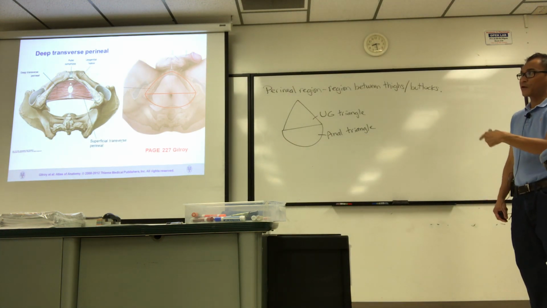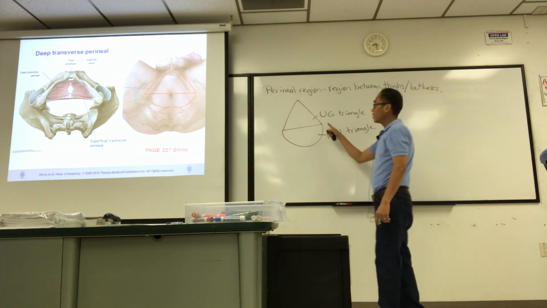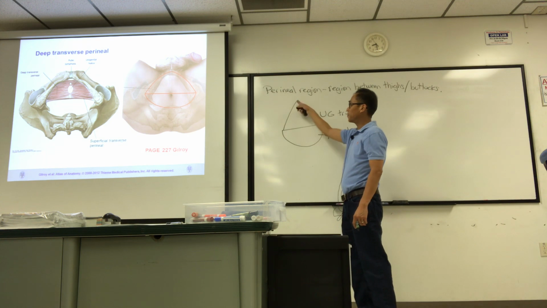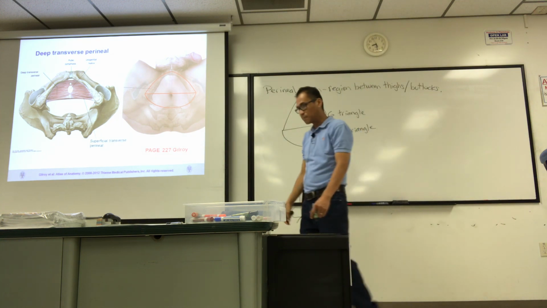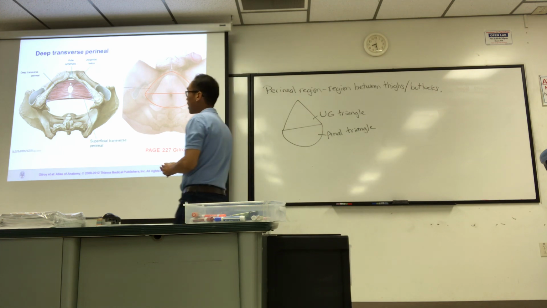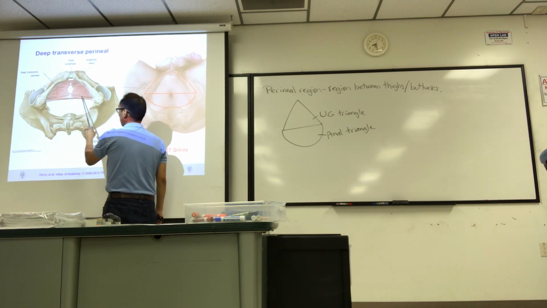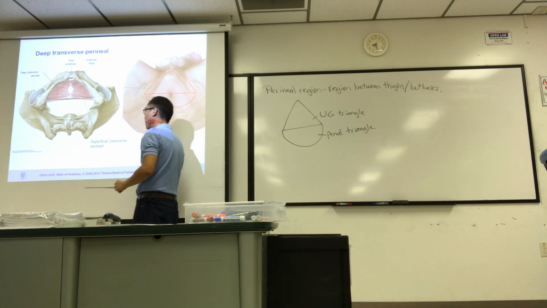If you look at the picture on the left, if you were to dissect down to the muscle, this is the pubic arch, and there's a muscle that spans the width of the pubic arch called the deep transverse perineal muscle. Okay, and there's a superficial perineal muscle as well.